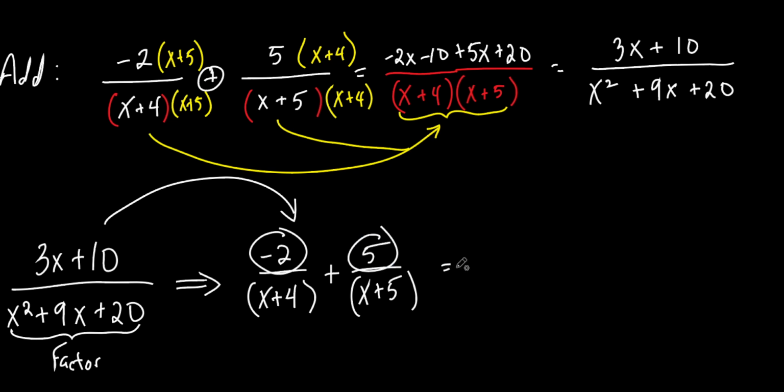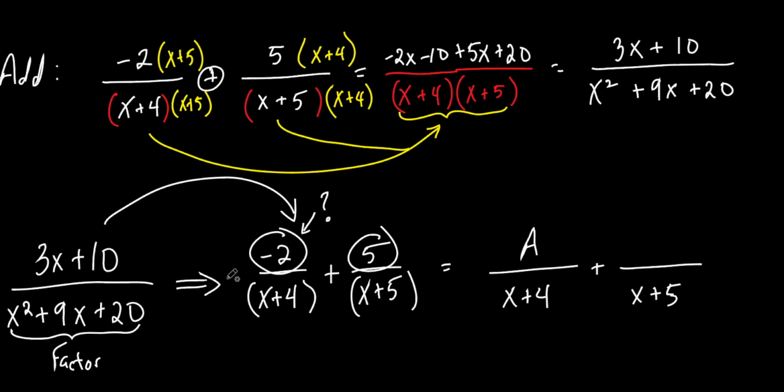Here, I'll give you a hint without doing the whole entire thing. All right, so I'm going to put x plus 4 right here plus x plus 4. Oh, plus 5. Thank you. All right, so watch what we're going to do. This is just a hint to what we're going to do. We're going to make that an A, because see, I don't know what this is yet, do I? Right? If I just start with this and wasn't told that that's my answer, there's no way I would know that's -2.